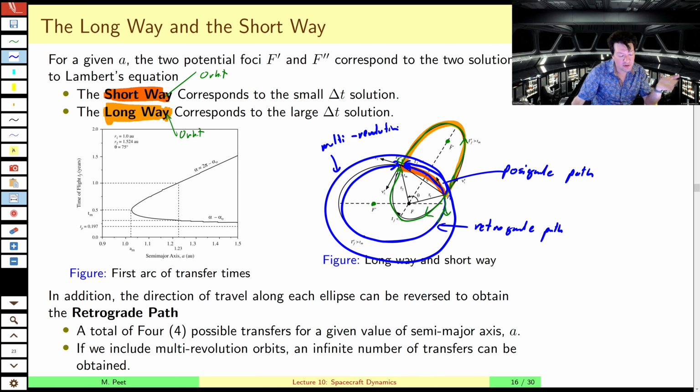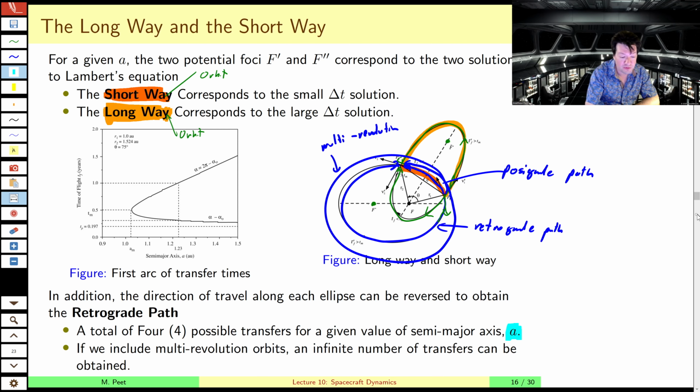When you're coding up these numerical algorithms, you want to make sure that you're looking over all of these possible solutions as you search through your possible A's. So technically, there's an infinite number of solutions to this problem for a given A. Your delta t, however, is going to limit you to one of those arcs. However, you need to make sure you're looking over all of them because many of them may actually have a solution.